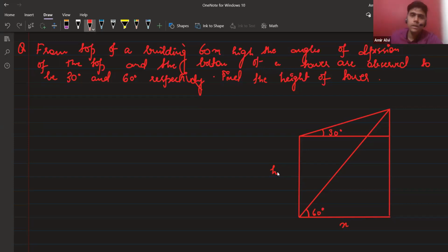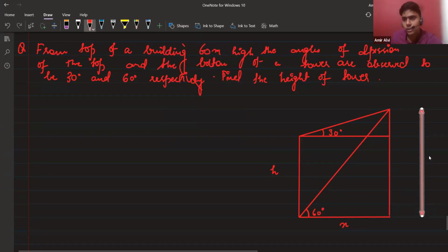The height of the building is given, which is 60 meter. This is the value given here. So this is h.